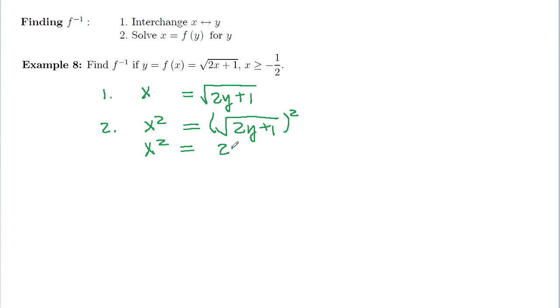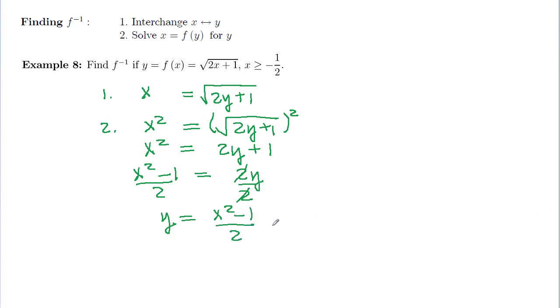They're opposite operations. Subtract 1 on both sides, so x squared minus 1 will equal 2y. And then divide both sides by 2. And these cancel, so we are left with y equals x squared minus 1 over 2.